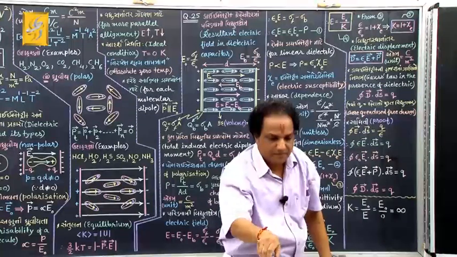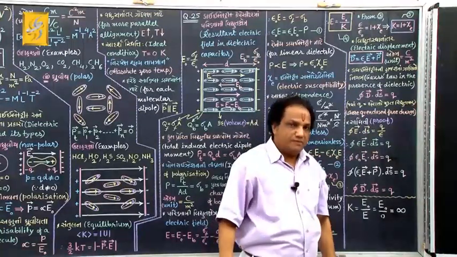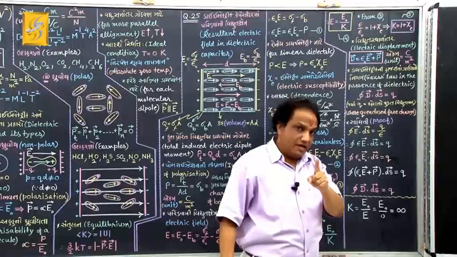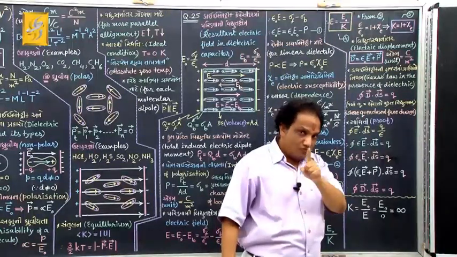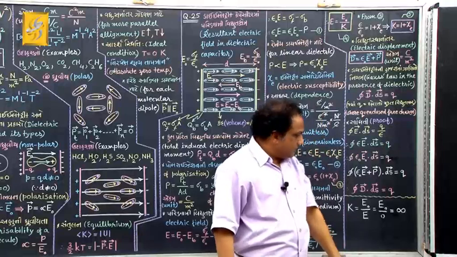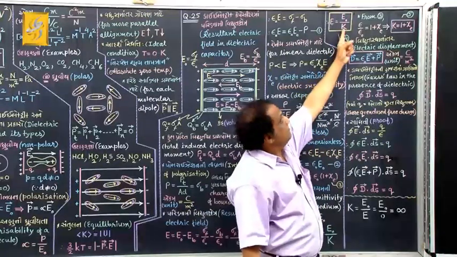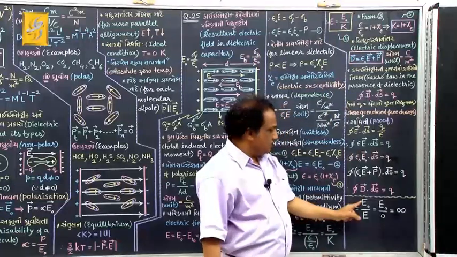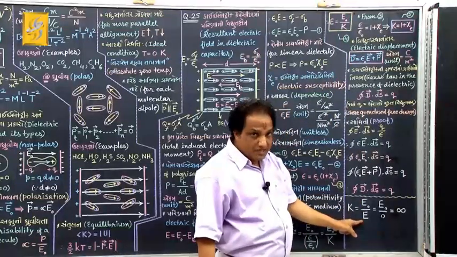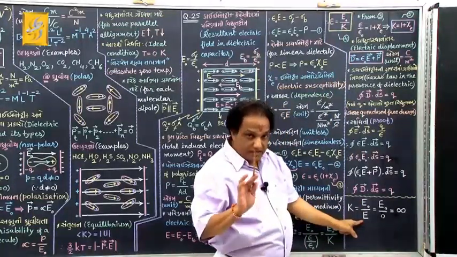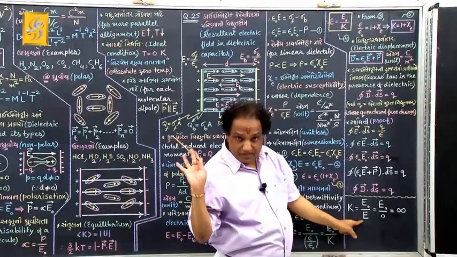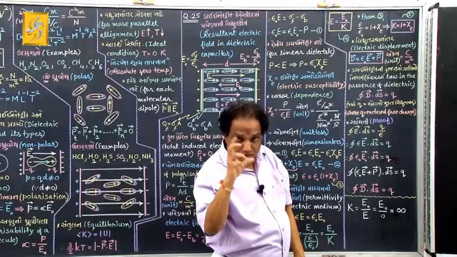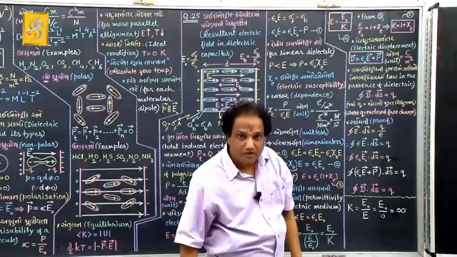Okay? Fine. And have you remembered? I told you for metal, the dielectric constant is infinite. Why is it infinite? I am showing you. Find out K from here. K equals to E0 upon E. Correct? Tell me, did we understand one fact in this chapter? Whenever you expose any metal to some external electric field, what happens?